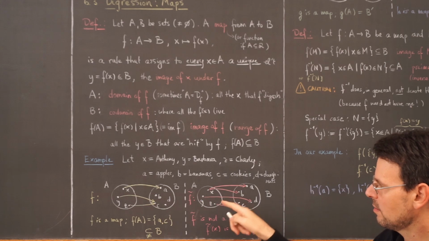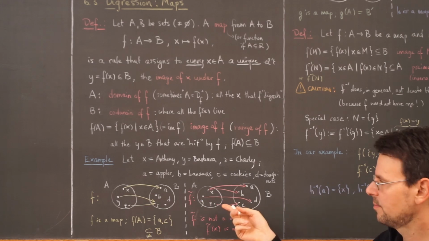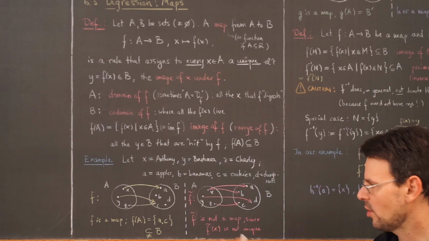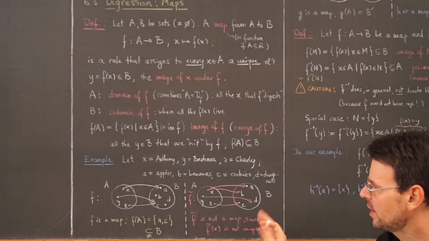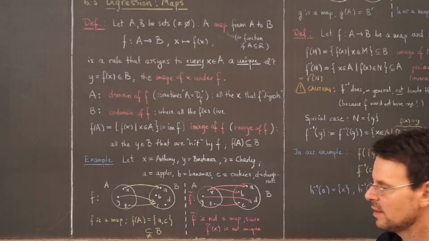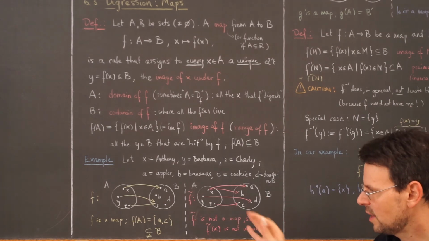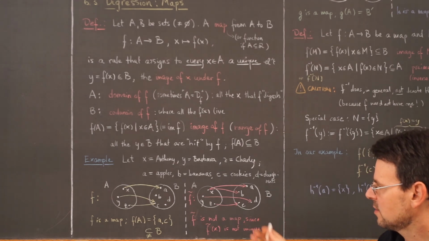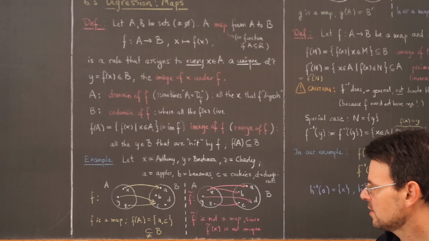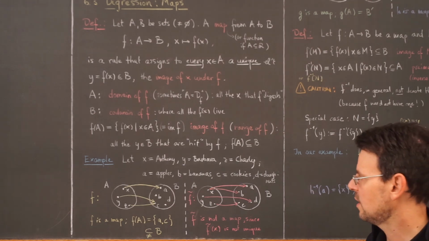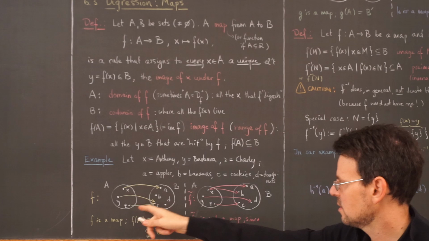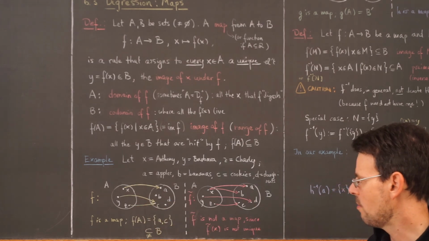This is what would mathematically be called a relation. This is a broadened definition of a map, but we are not really going to need that. We talked about equivalence relations. There might be the right place to discuss relations in a broader sense, but we are not going to need that. So this here demonstrates this is a map and this is no map.